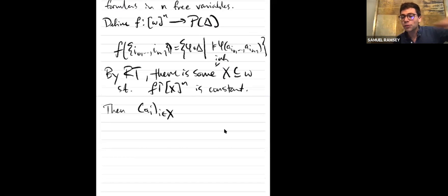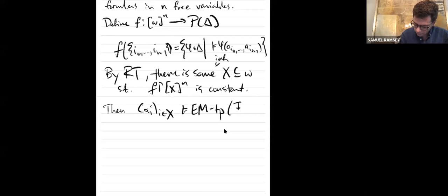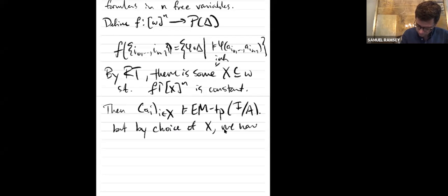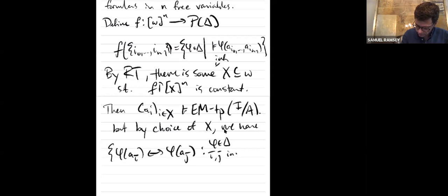So this will certainly still satisfy the EM type of I over A. But by the choice of X, we have phi(a_Ibar) if and only if phi(a_Jbar), for all phi in delta, and Ibar, Jbar increasing n-tuples from X.